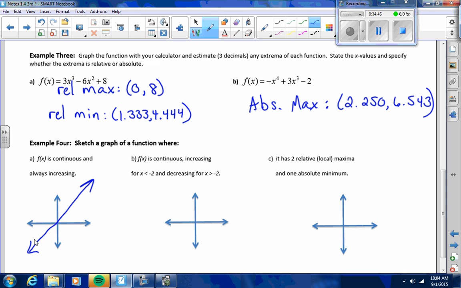And so starting at the leftmost side, even though I have the arrow there, it's increasing as we're reading it left to right. Okay. So on B, it needs to be continuous. It's increasing for x values that are leading up to and less than -2, and then it's decreasing for values of x that are greater than -2.